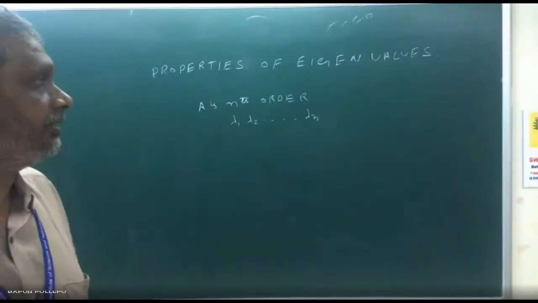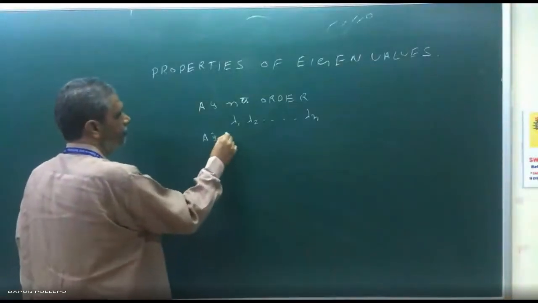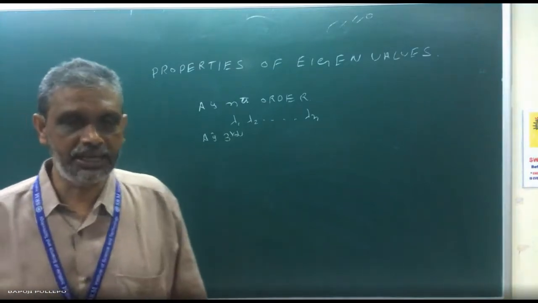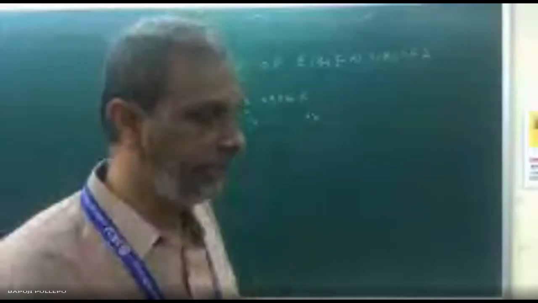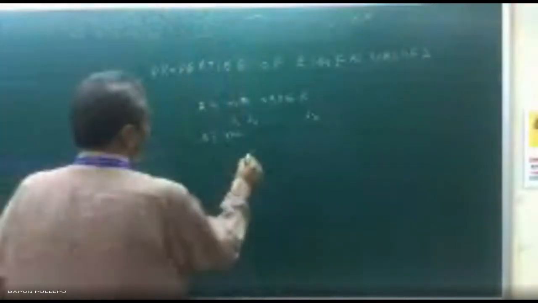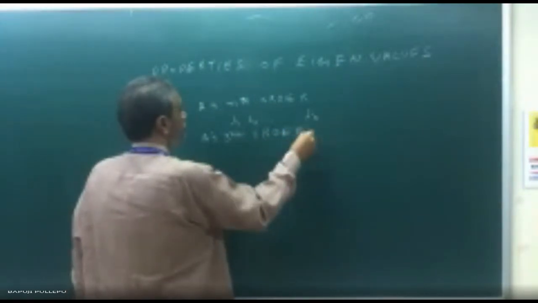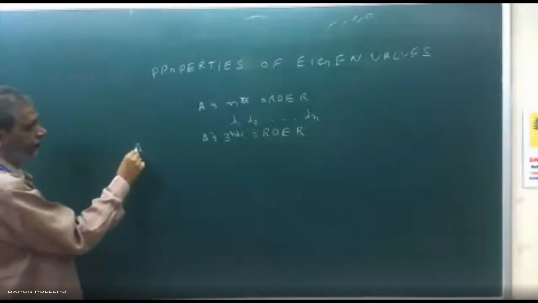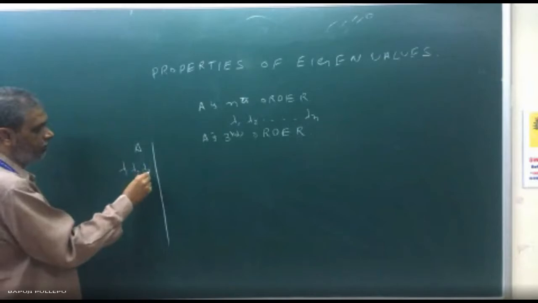Suppose you consider 3 by 3. Square matrix, third order is taken for granted as 3 by 3. If A is a third order matrix, it has eigenvalues lambda 1, lambda 2, lambda 3.